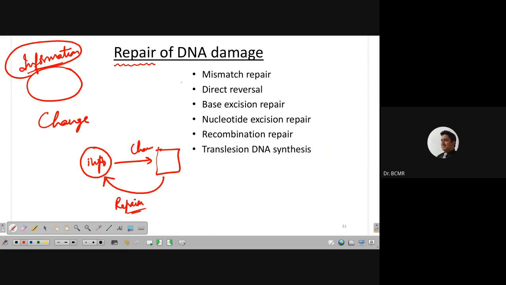So there are several types of repair mechanisms. One of them is mismatch repair. Then you have direct reversal. Mismatch repair, we have already discussed along with the replication errors. We will have a look at direct reversal and base excision repair. What does direct reversal say?